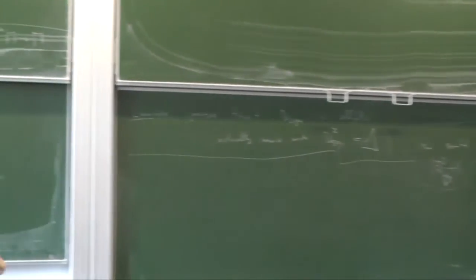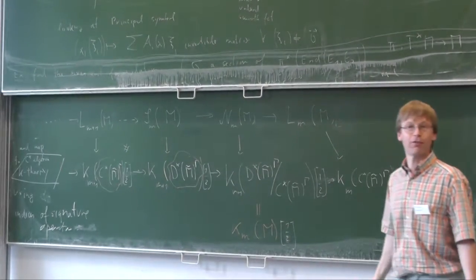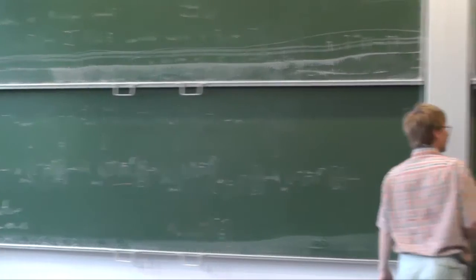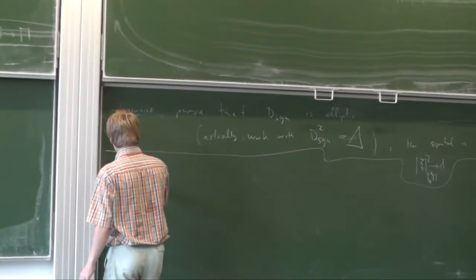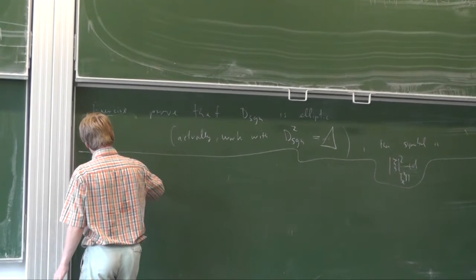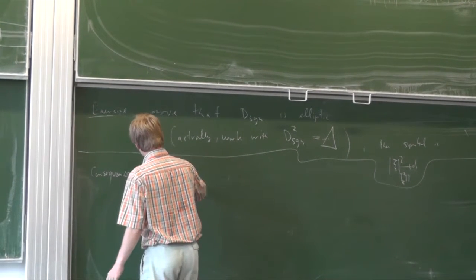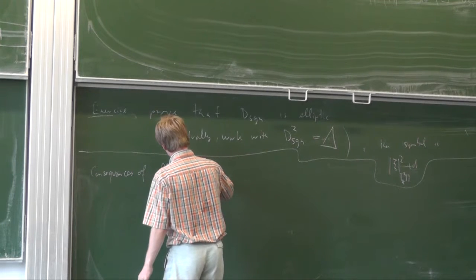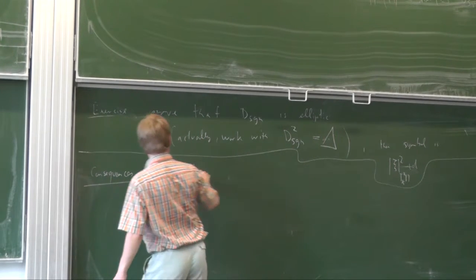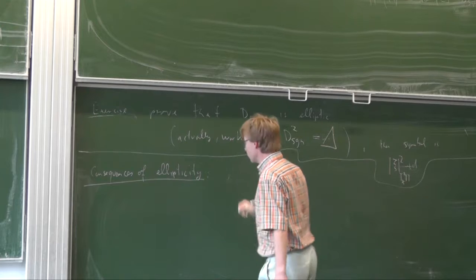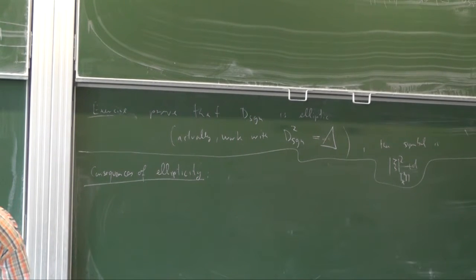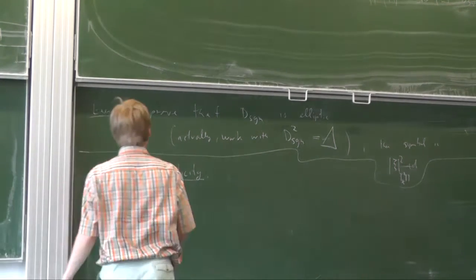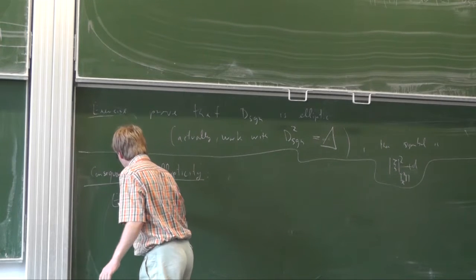Ellipticity is a great property of a differential operator. You really can be happy if you get this. Let me draw some consequences. I guess the one I want to mention first is elliptic regularity.